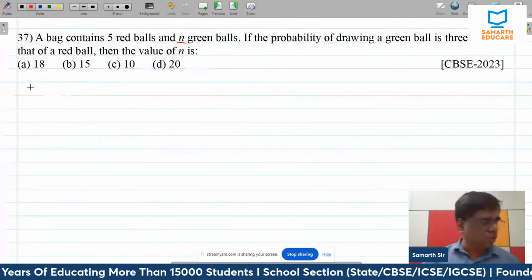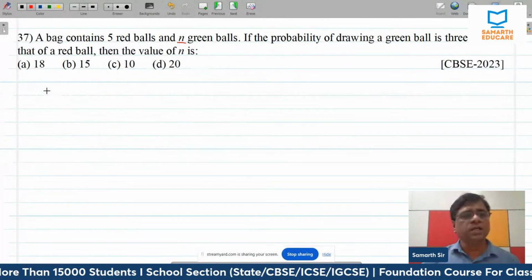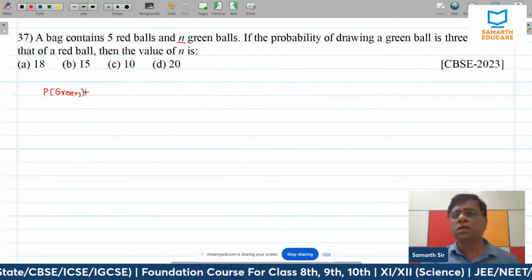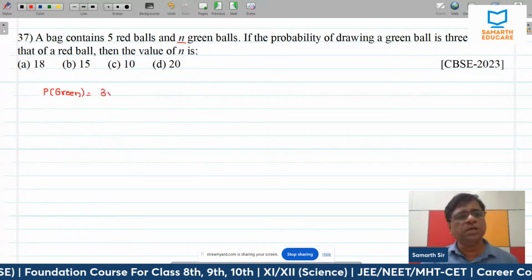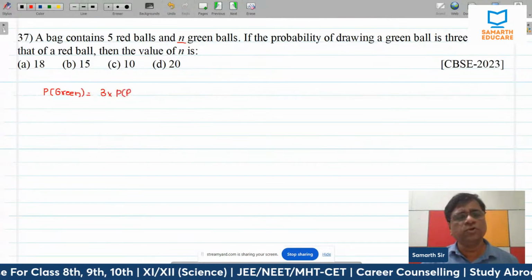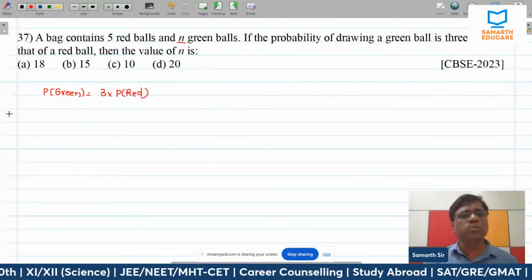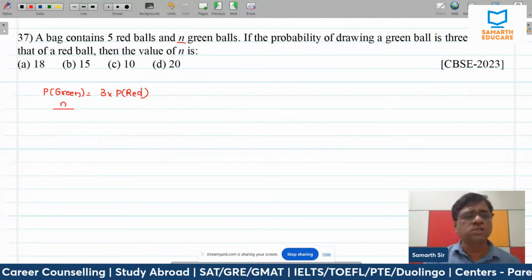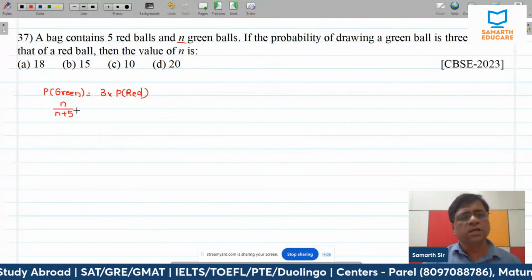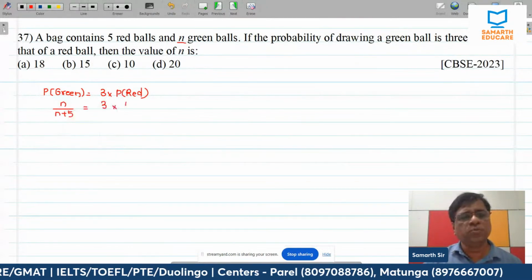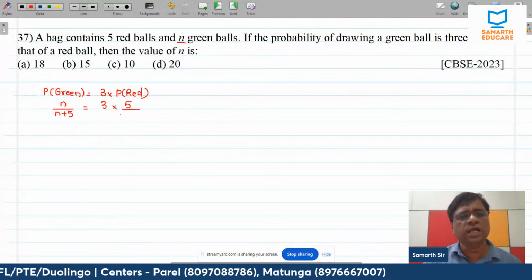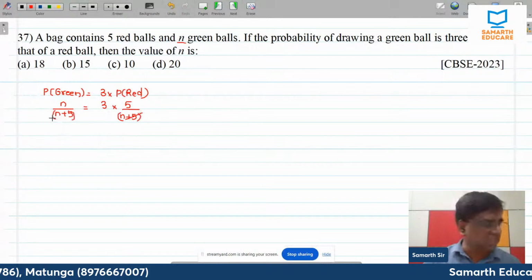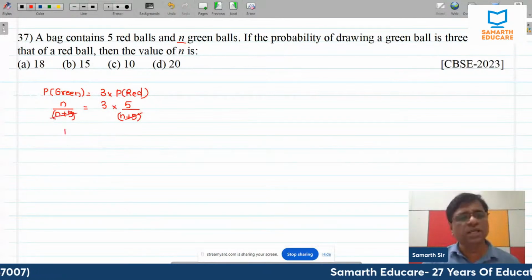If you remember, a little while ago we did this question. The probability of a green ball is n upon the total number of balls, which is n plus 5, and the probability of a red ball is 5, since we have 5 red balls, upon the total number of balls, n plus 5. n plus 5 is in the denominator on both sides, so it gets easily cancelled. So we have the value of n as 15.